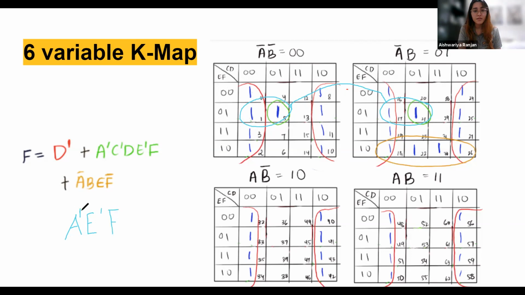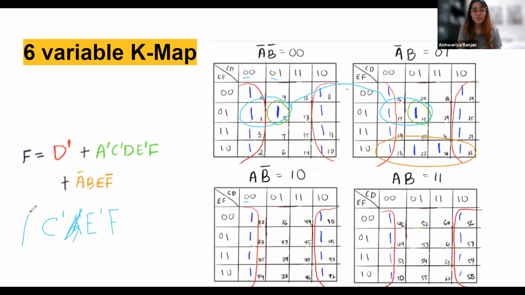Oh, I'm sorry. This is in the column where C is 0. Over here, C is 0. So that would be C bar. And now it's only in these two Kmaps. And the common thing in these two Kmaps, once again, is that A is 0.